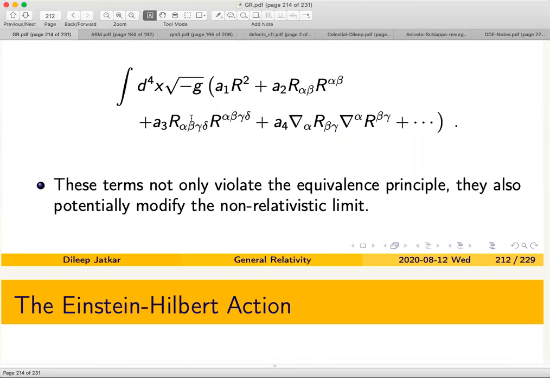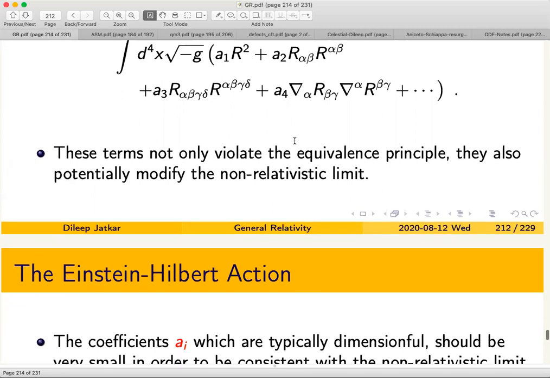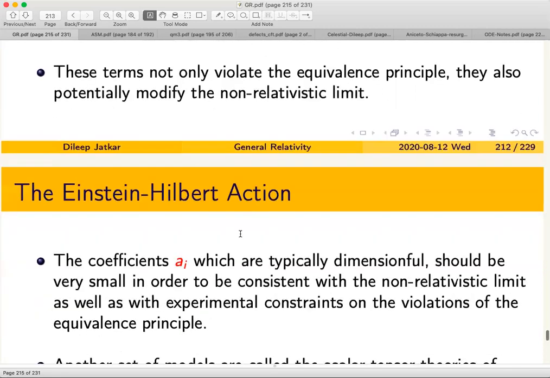So Riemann square has dimension 4. Okay, so integral d4x root g R squared is actually dimensionless, and therefore A1, A2, A3 wouldn't have dimensions, but A4 would.